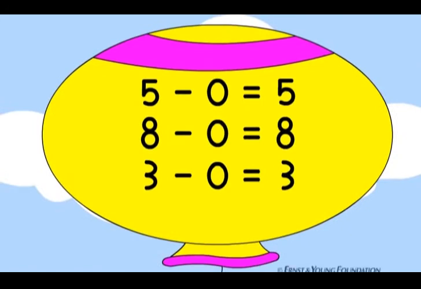That's right, Buzz. 5 minus 0 is equal to 5. 8 minus 0 is equal to 8. 3 minus 0 is equal to 3.